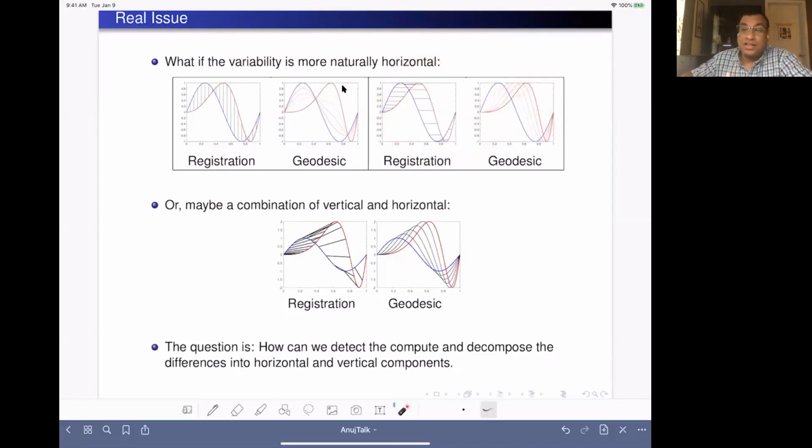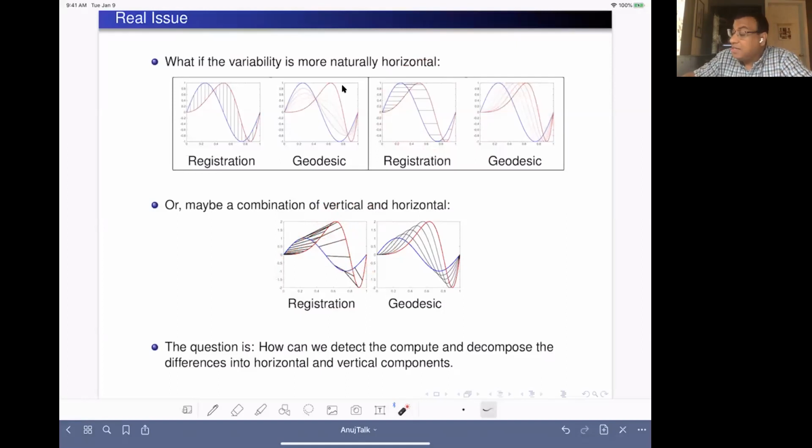But in general, between any two arbitrary functions, the variability may be neither vertical nor horizontal, but a combination of these two. The best registration between two functions may be of this type, as you see in this picture.